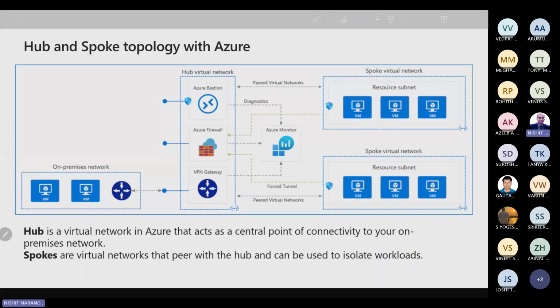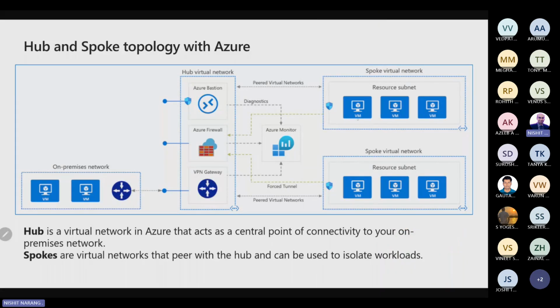So look at this. There are these three VMs, 1, 2, and 3, which I have put into one subnet. And this is one spoke virtual network that I've created. One spoke, one segment of my network. Then VM 4, 5, 6 have been put into another resource subnet. And this becomes my second spoke virtual network.